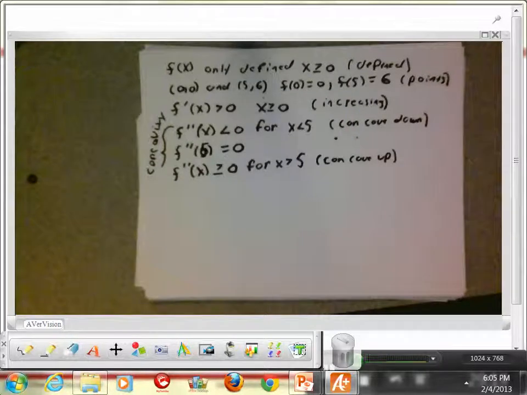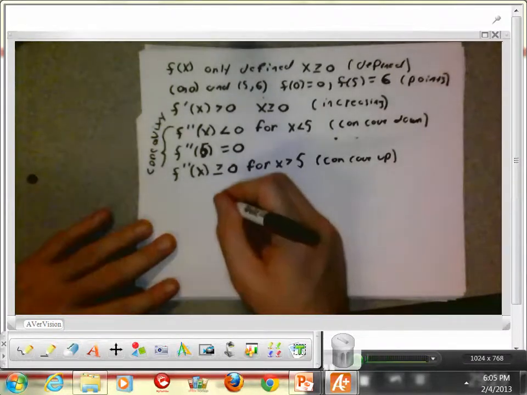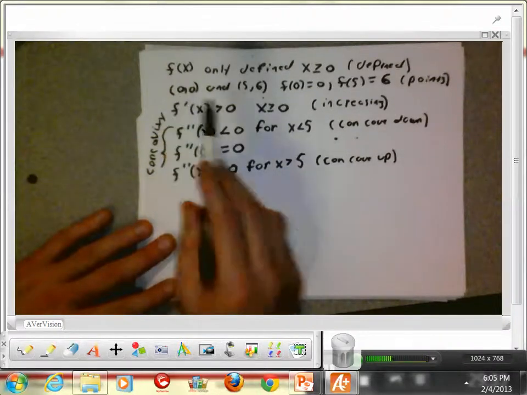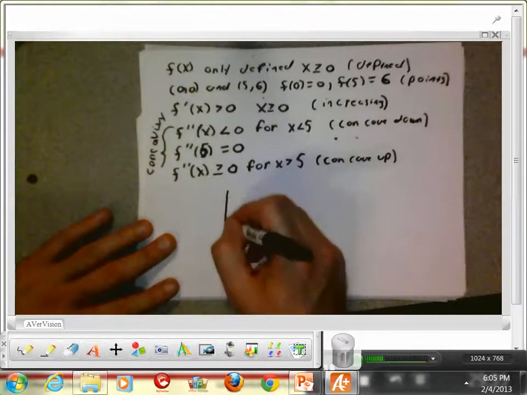Then I go back and look at it. I give an idea of what I want it to look like. I put my points down and see, does this make any sense? I check my conditions. If not, I adjust it a little bit. But here's how we're going to do it. We'll start with the beginning. We have 2 points on the graph. What's the value of the function at 0?